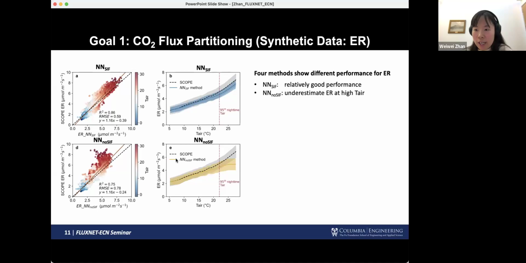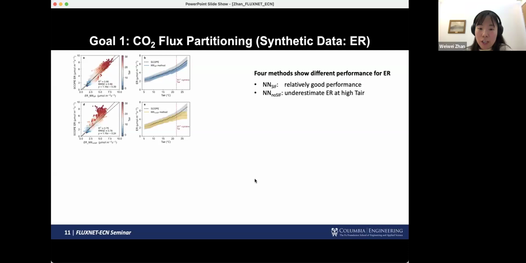This underestimation issue is more visible if we plot the relationship between air temperature and ecosystem respiration. You can see that no SIF shows limited skill in reproducing this relationship when the temperature is outside the nighttime regime.